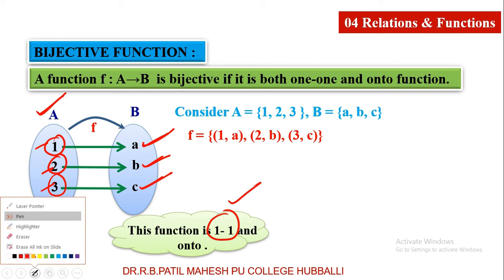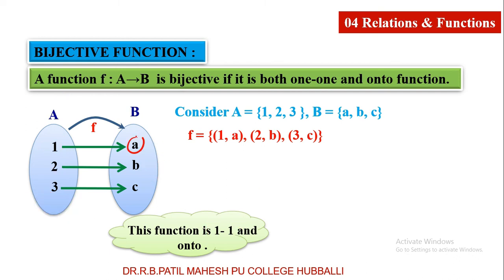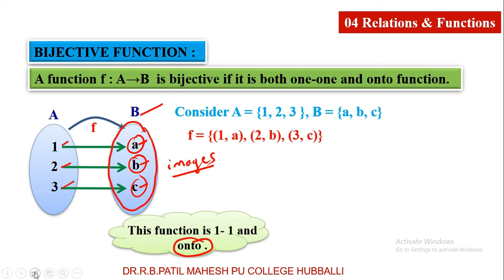Next, for onto, each element of the set B is an image, meaning it is related to an element of A. Hence, every element of the set B is an image, so it is onto. Otherwise, the range is the set consisting of a, b, c. The range of this function is equal to the codomain. The codomain is the set B. Therefore, the function is onto.